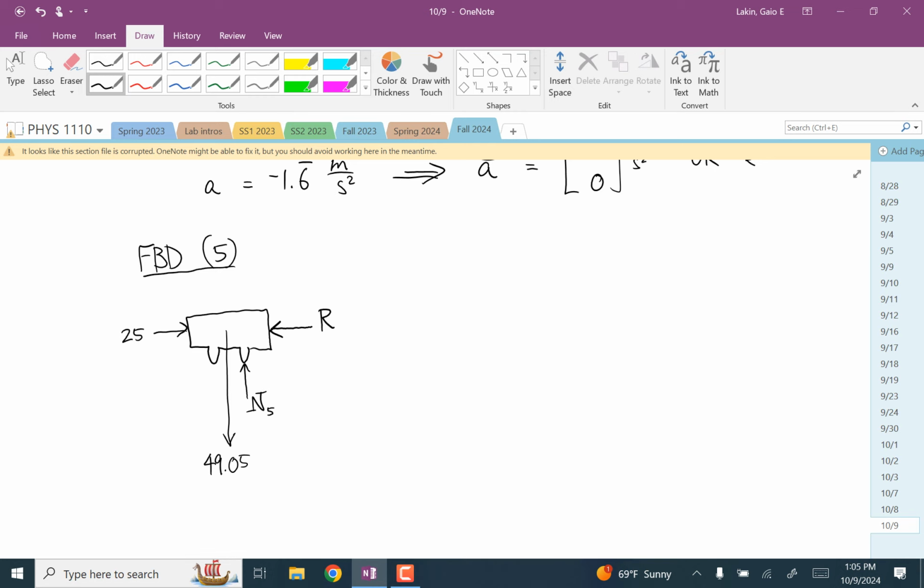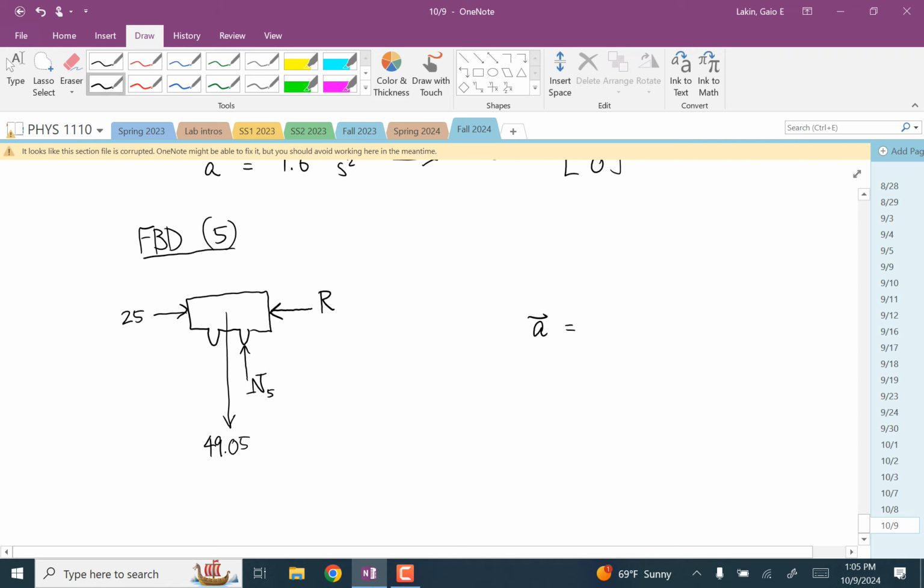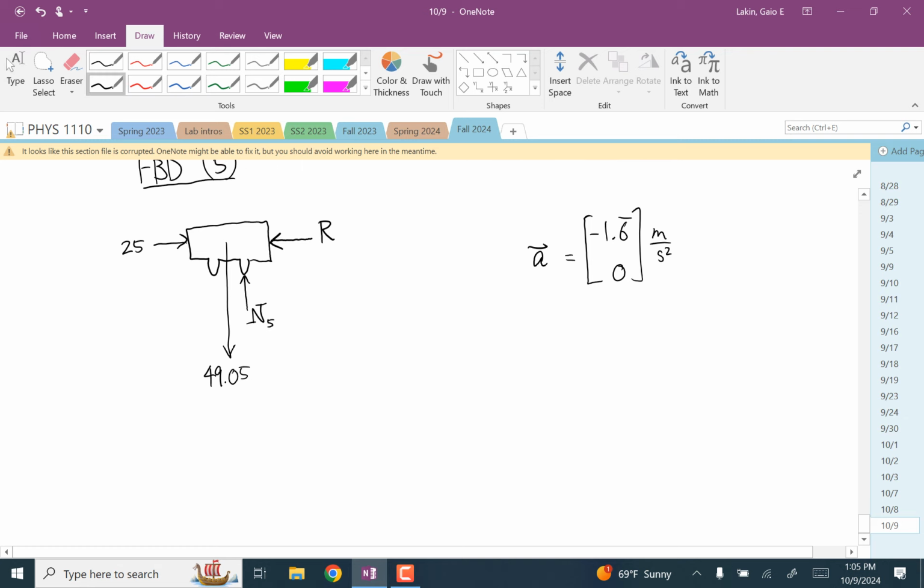Well, normally the next step is to figure out what we know about the acceleration vector, but this time we know the acceleration vector. We've already calculated it. It's negative 1.6 repeating, 0. Okay, we got that from the first step. So now we can go to Newton's second law.